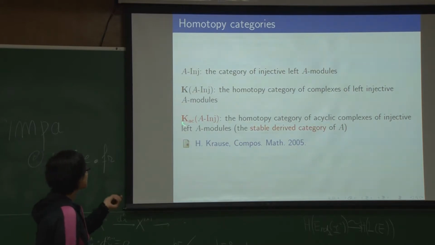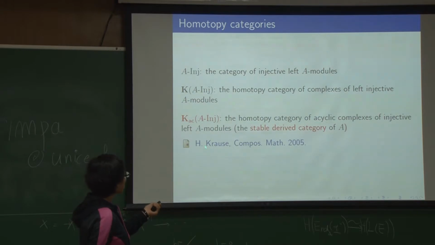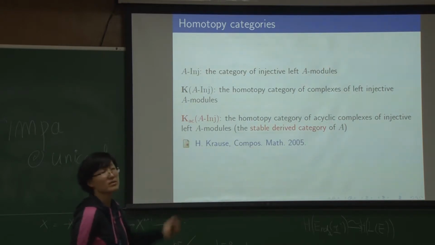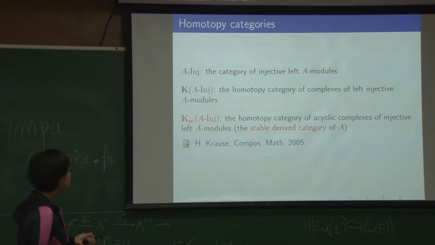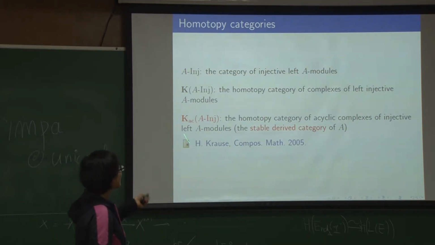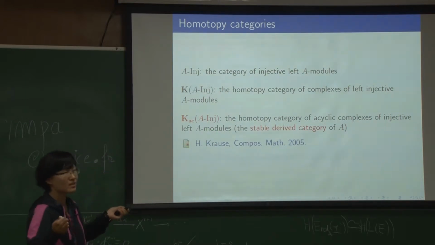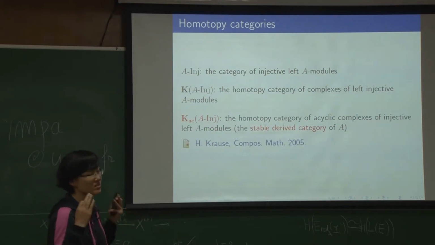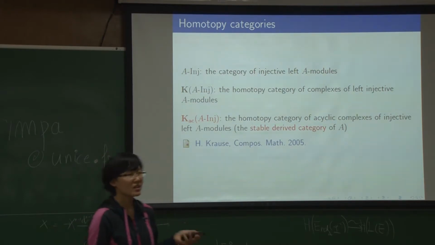So this is exactly the stable derived category used by Professor Krause in this paper. Okay, so now we know what this category is. In fact, it carries very good structure. It is a triangulated category.